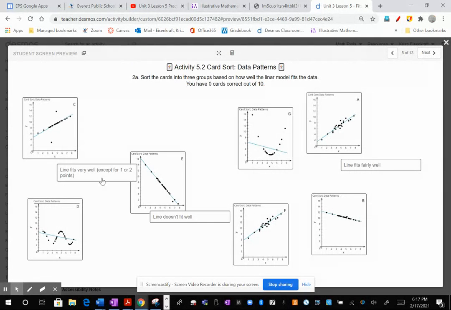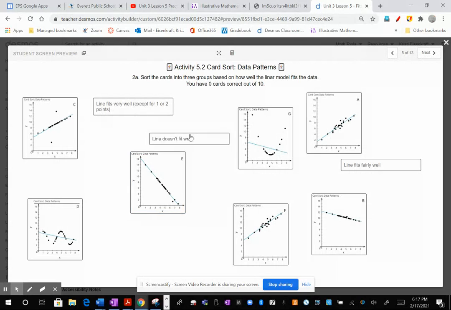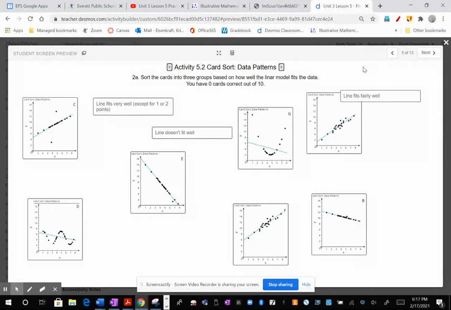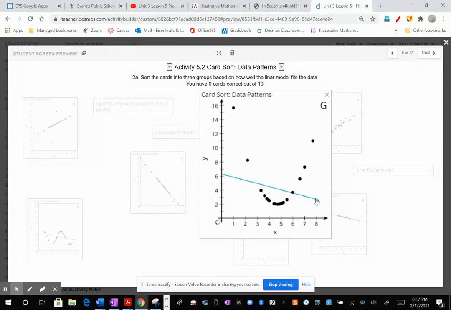Something else to consider is that just because you have a scatter plot doesn't mean it will follow a linear trend. Specifically, if you look at G here, this is a terrible model. This in no way indicates what is happening here. It looks like it's scooping down and then back up, which this blue line doesn't indicate in any way.